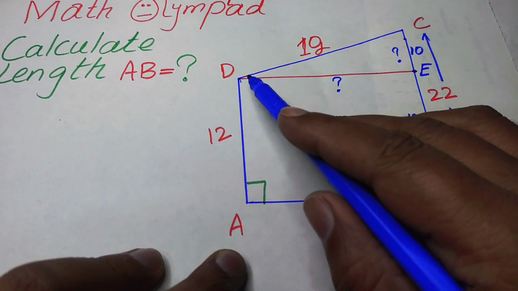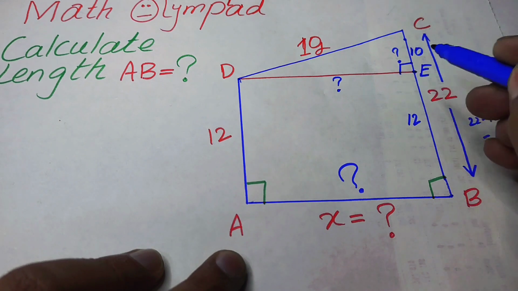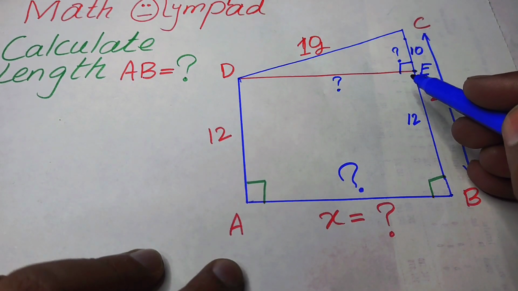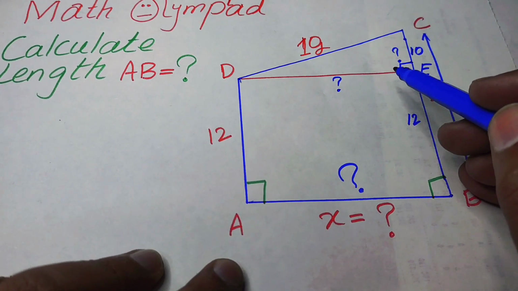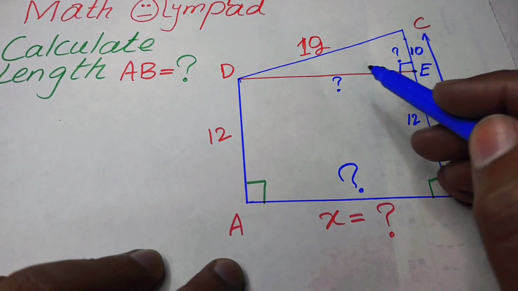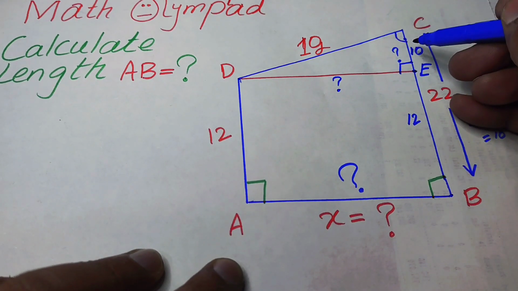And here, because we drew a perpendicular line, it makes an angle of 90 degrees. So this becomes a right triangle CED, with some unknown angle here.